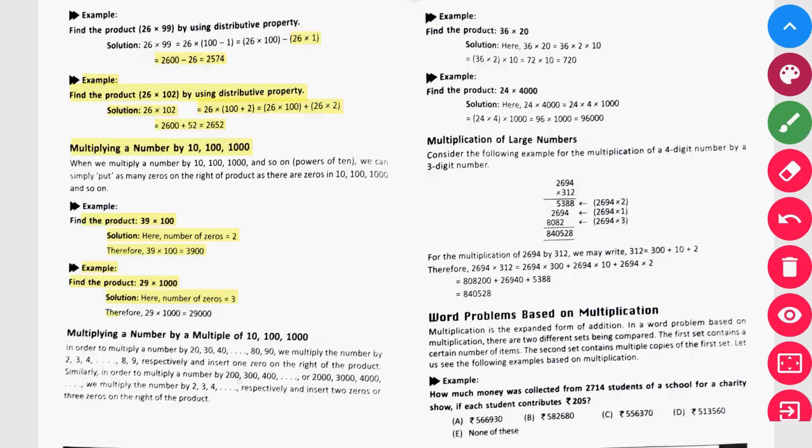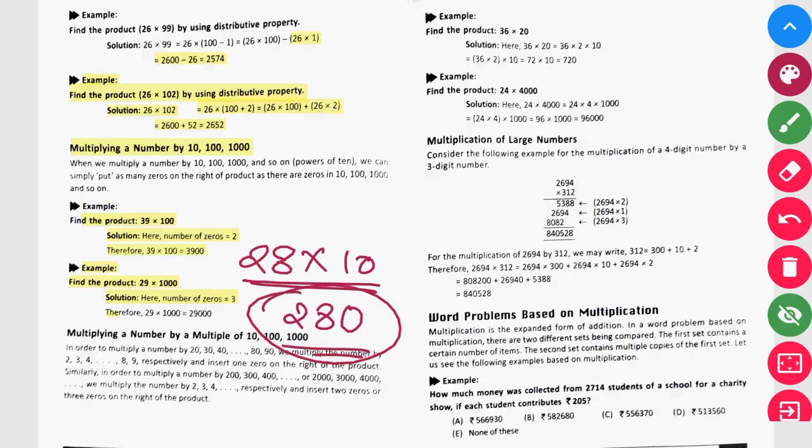Now multiplication by multiples of 10, 100, 1000. Here, suppose 28 is multiplied by 10. What you have to do is just add 1 zero at the right side of the number.